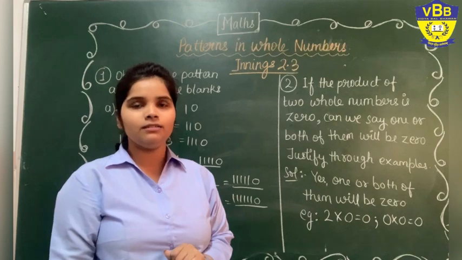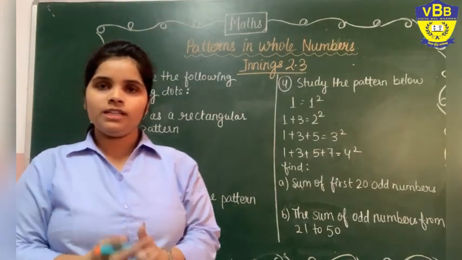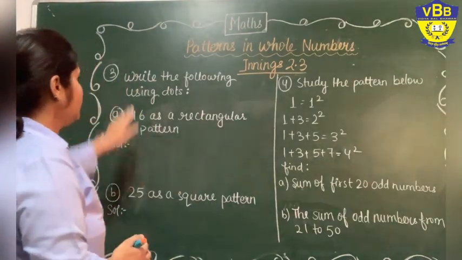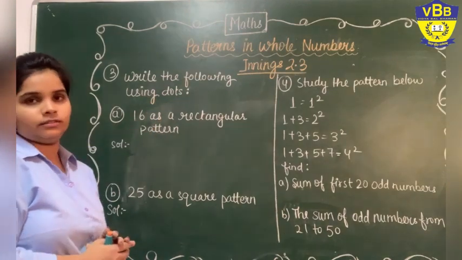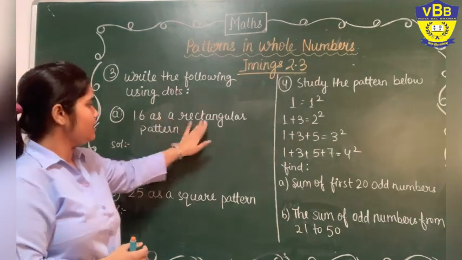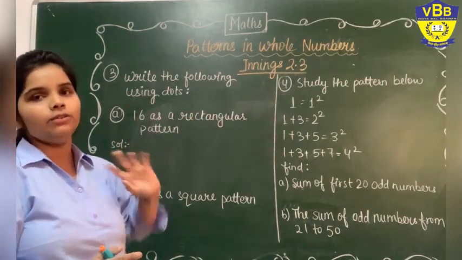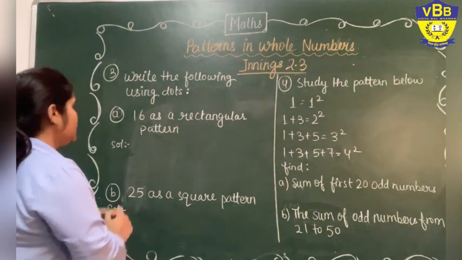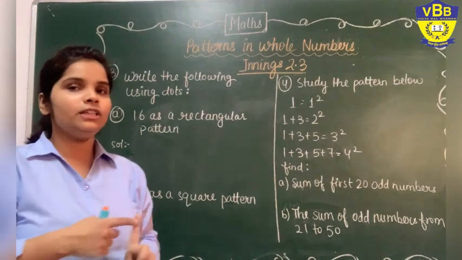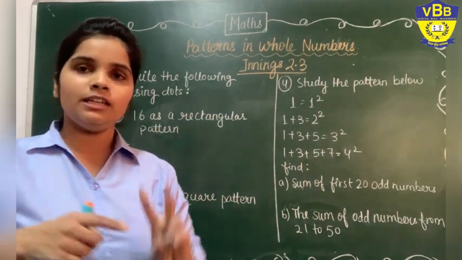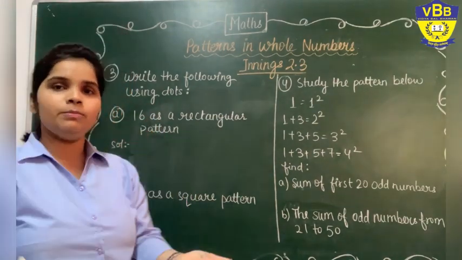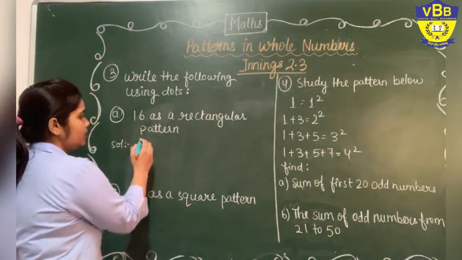Clear everyone? So next question is, write the following using dots. 16 as a rectangular pattern. You need to represent 16 in a rectangular pattern. I have told you any number which can be represented as the product of two numbers can be represented as a rectangular pattern.